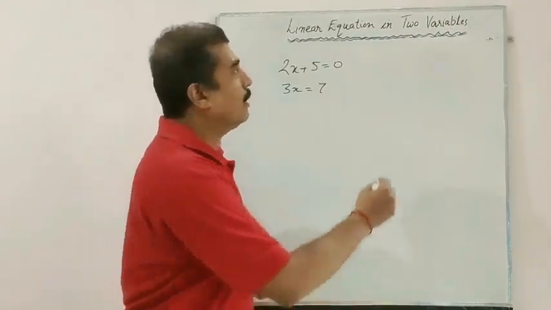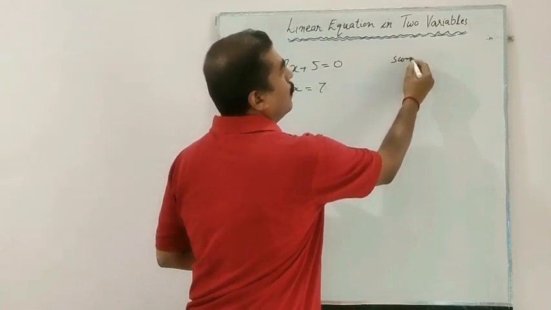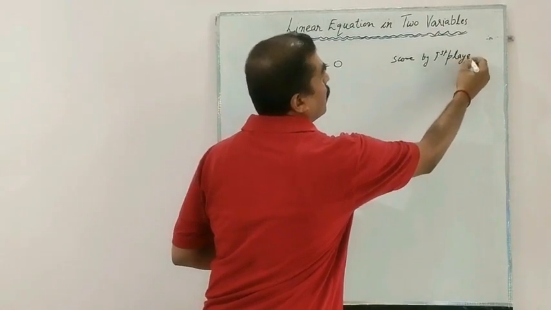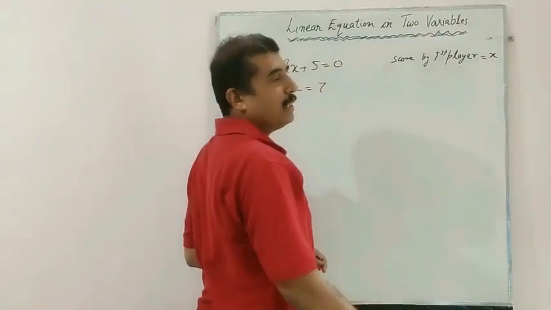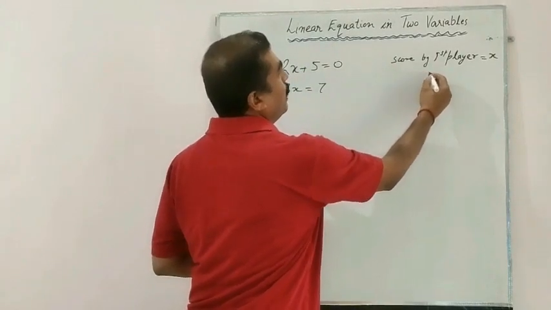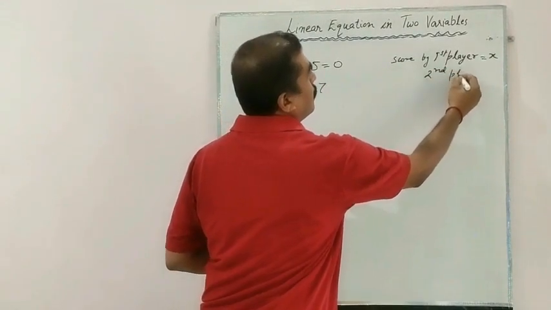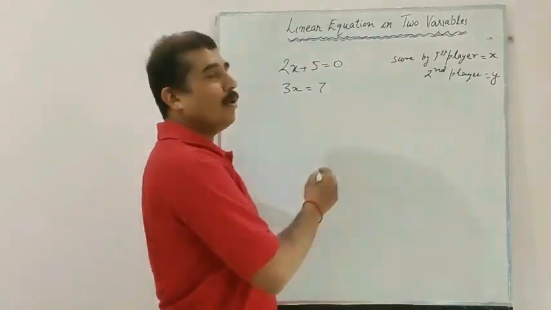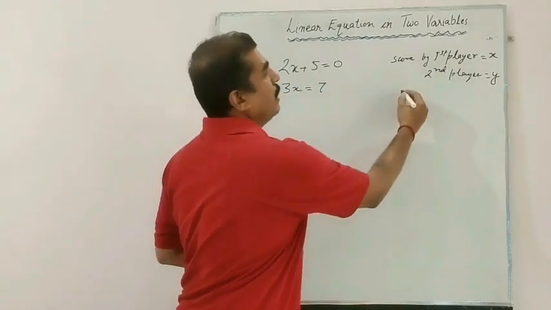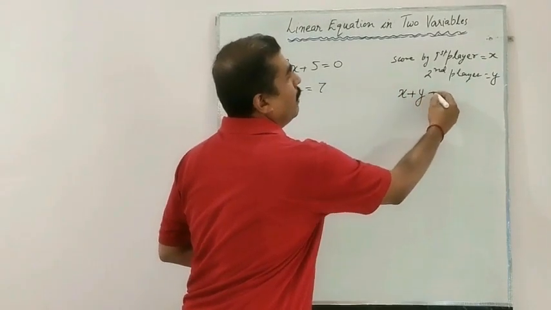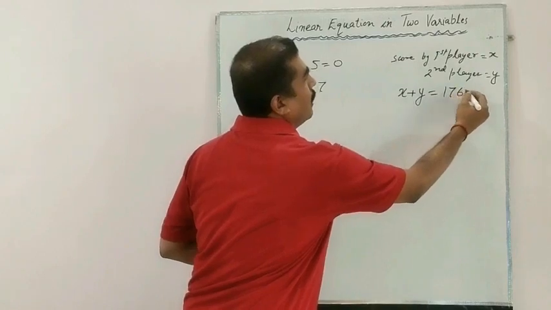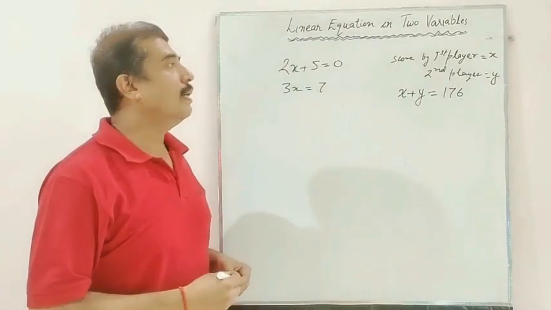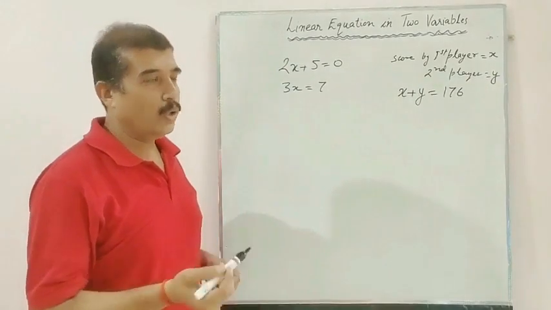If we assume the runs scored by the first player as x, and the runs scored by the second player as y, then the sum of the runs scored by the two players will be given by x plus y is equal to 176. This is how we represent it as a linear equation in two variable form.